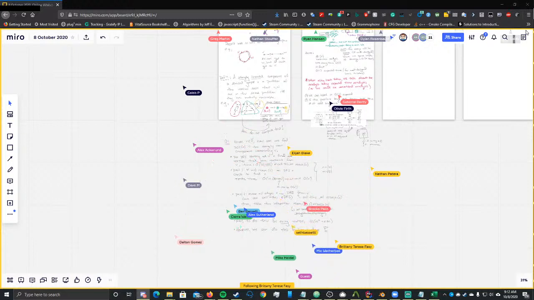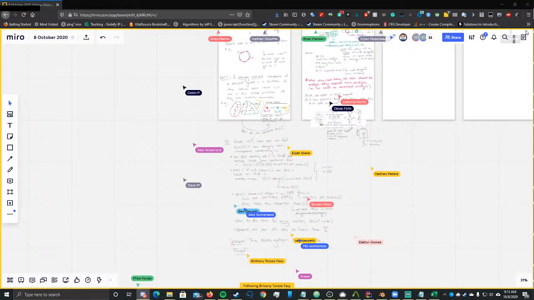And I'll say lemma: the meta graph is a DAG. Does anyone have a quick proof of this? Sorry, what's a DAG? Directed acyclic graph.